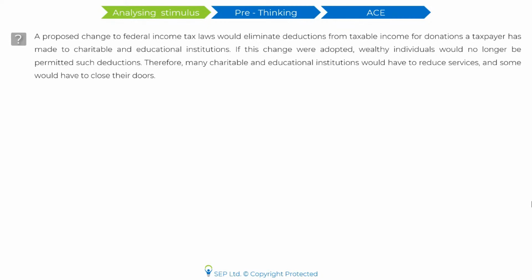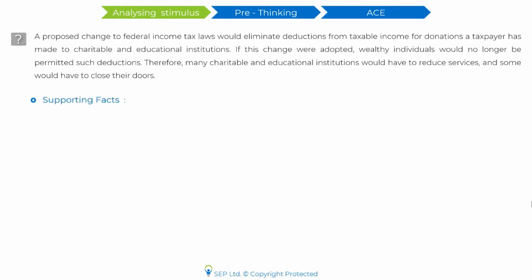And deductions from taxable income for donations a taxpayer has made to charitable and educational institutions. So a taxpayer makes some donations to these institutions, and for that, this taxpayer gets deductions from the taxable income. And this proposed change is going to take away that deduction.